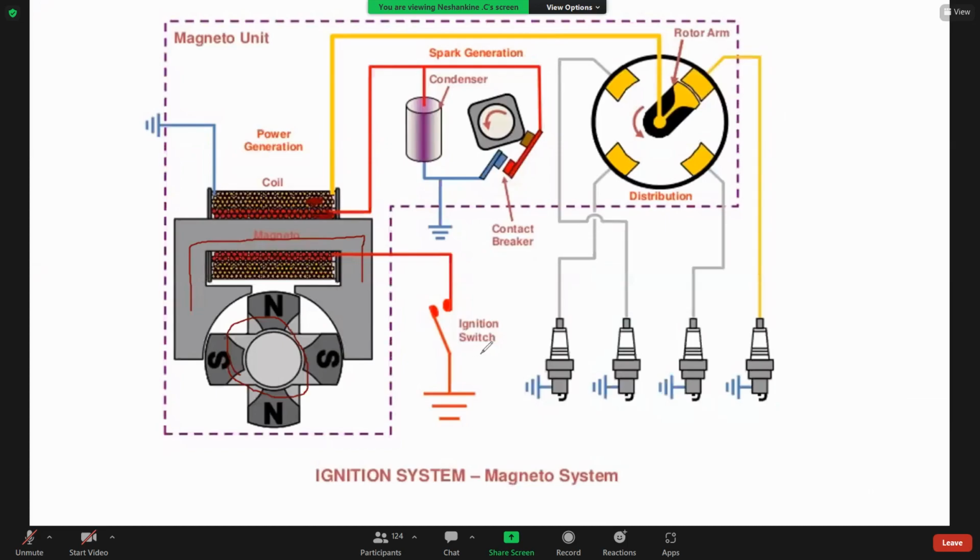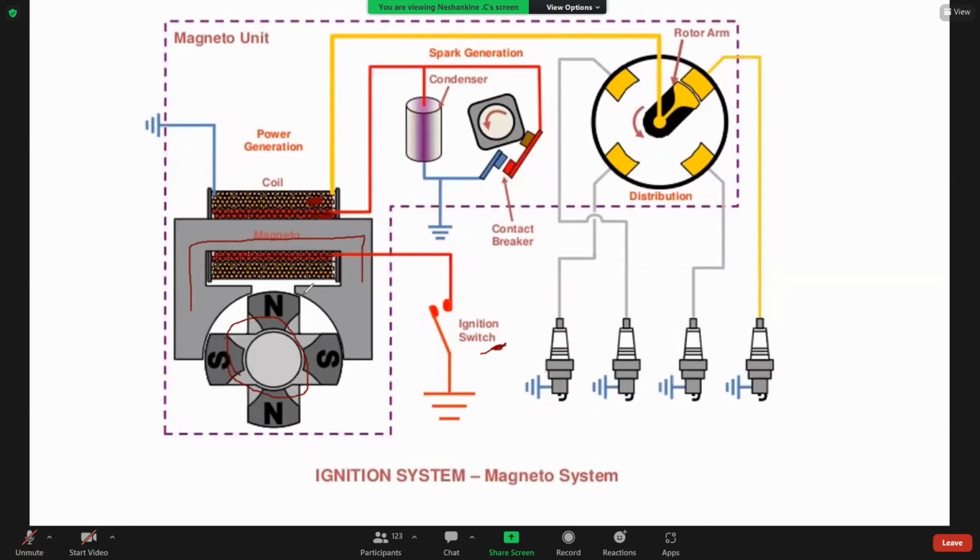This one is the ignition switch. Instead of a battery, here we use the magnet. In advanced level, we already studied that if a magnet rotates, it can produce electricity or current, isn't it?